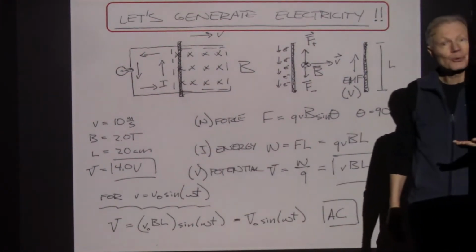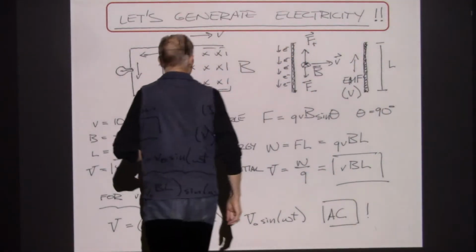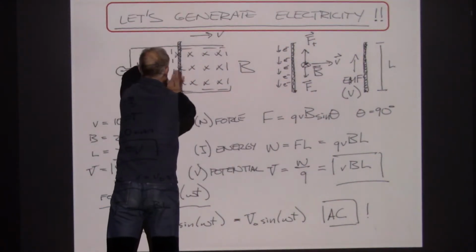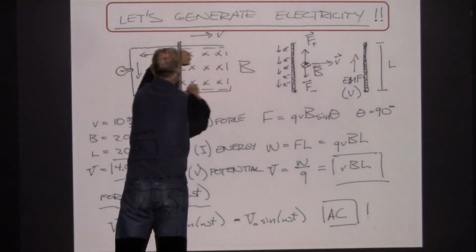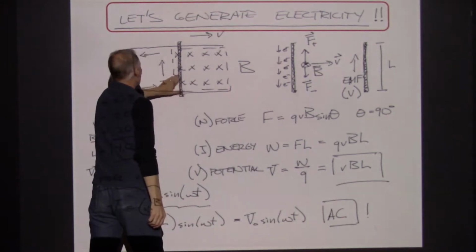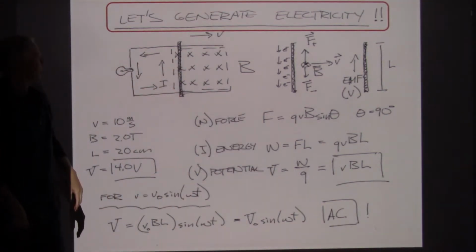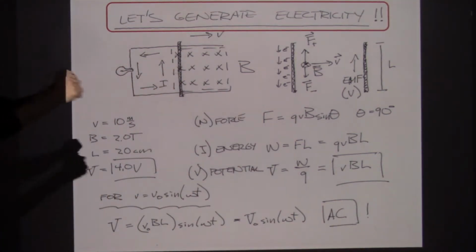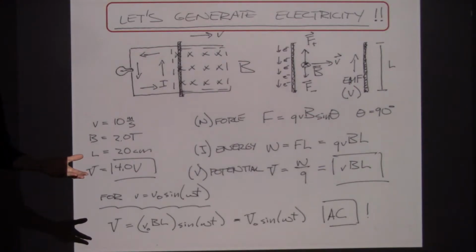But what we could do instead is oscillate the bar. We could move the bar one way and then back, one way and then back. By pushing the bar back and forth, we can continue to generate electric current.